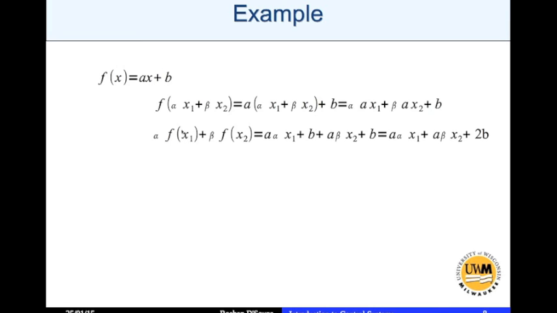And alpha times f of x1 plus beta times f of x2 will give you a times alpha times x1 plus b plus a times beta times x2 plus b, which is a times alpha times x1 plus a times beta times x2 plus 2b. These two are not equal, therefore this equation of a line is not linear.